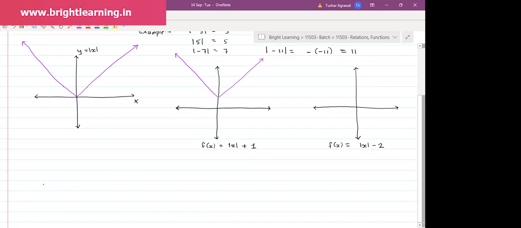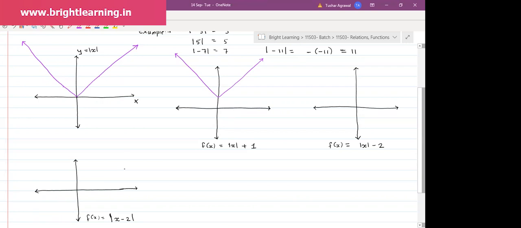Now, the graph here was mod x. Now I am telling you to draw the graph of f of x is equal to, instead of mod x, the graph of mod of x minus 2.